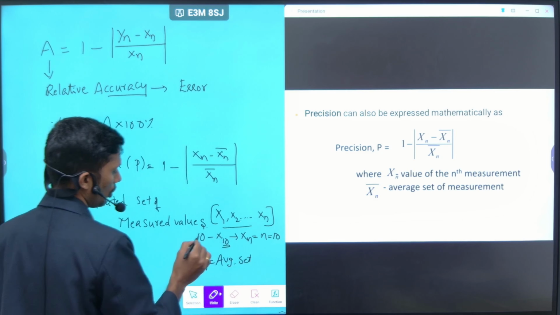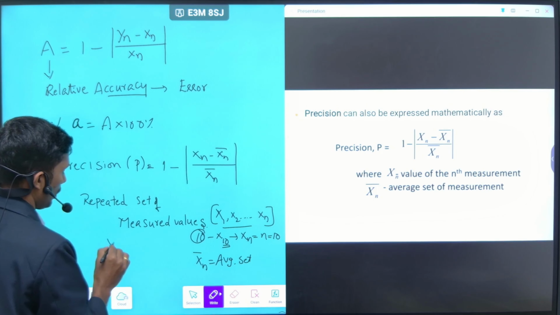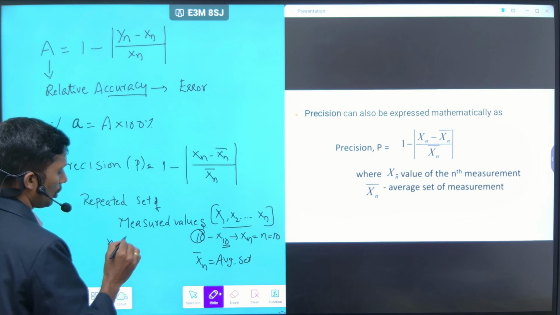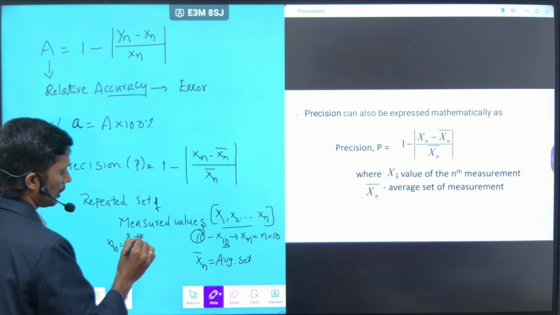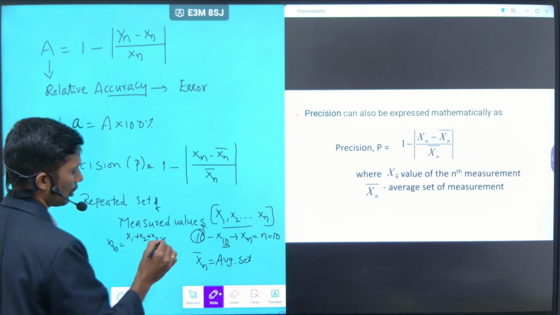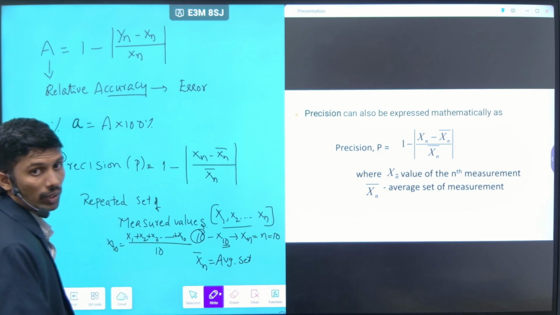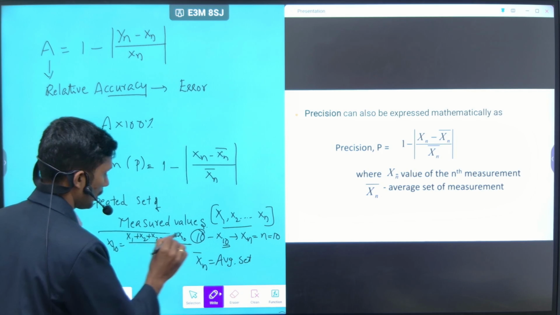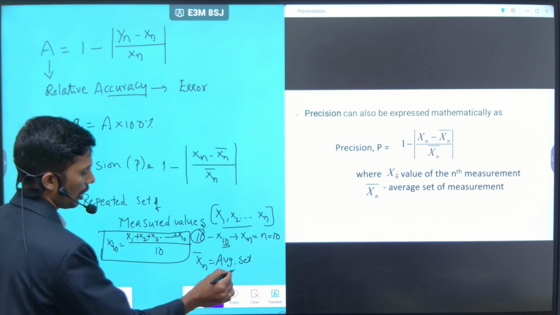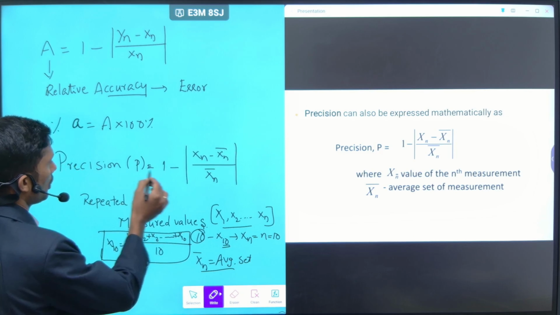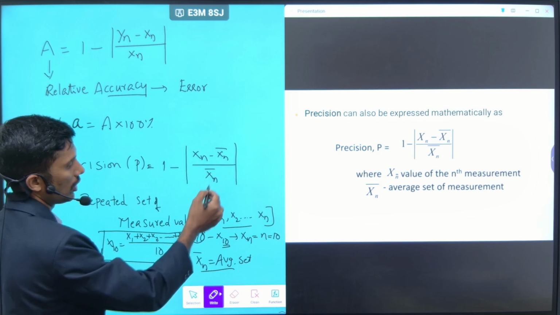That means x bar equals x1 plus x2 plus x3 and so on up to x10, by the n number of measurements. So this is the xn bar, the average of the set of measurements. Precision P equals 1 minus (xn minus xn bar) by xn bar.